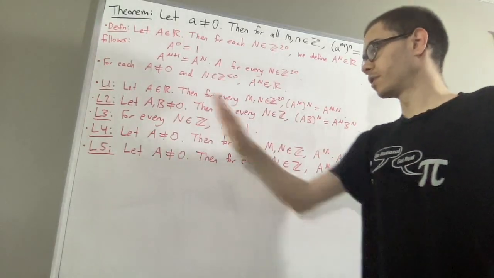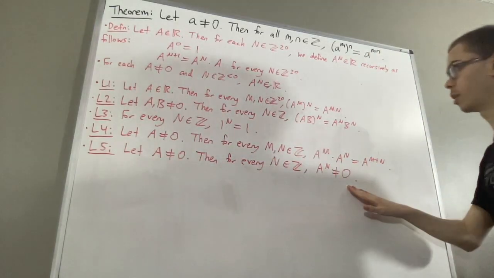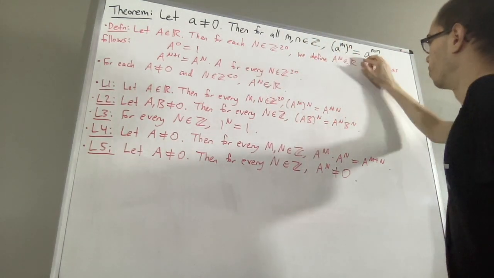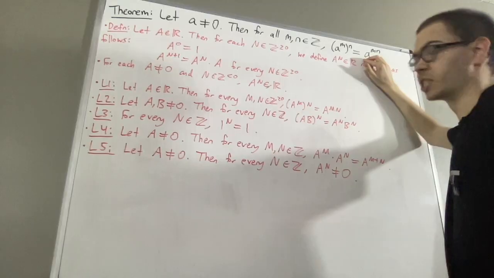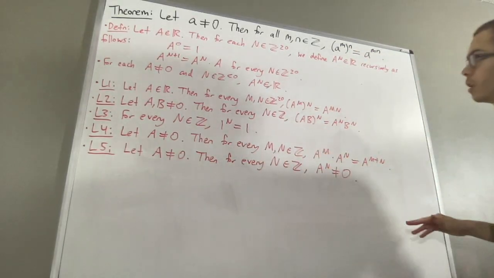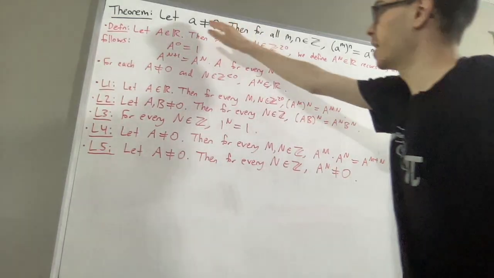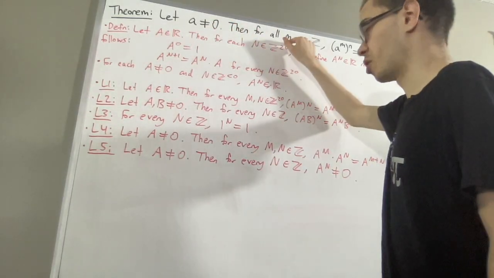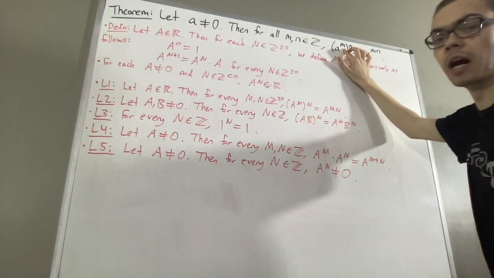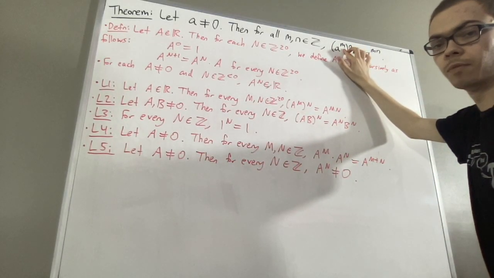Because of this final preliminary result, we're able to make sense out of both the left-hand and right-hand side of this equation. They're actually both real numbers due to this result. Since a is non-zero and m is an integer, it follows from our final result that a^m is a non-zero real number.